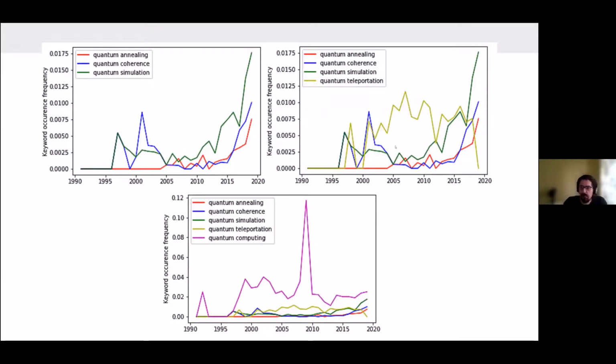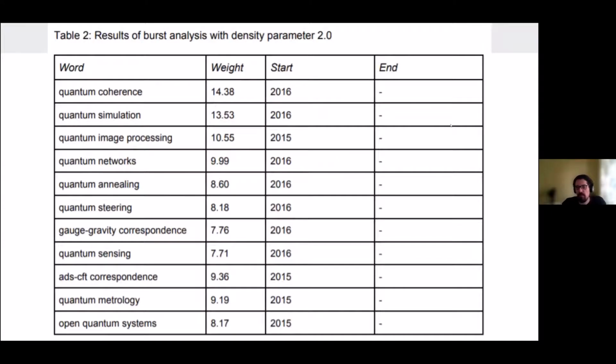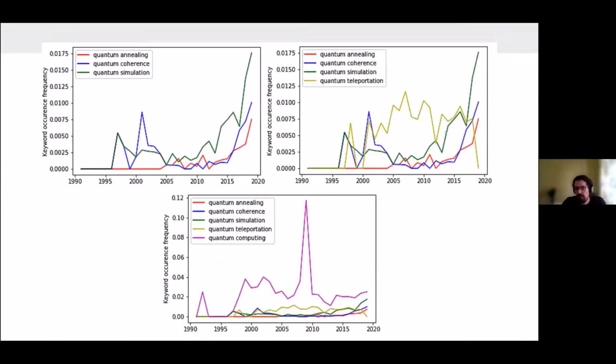So this is just pure frequency analysis. Here you can see that, for example, quantum teleportation is not bursting, right? It is going steady. But these others are bursting. So you don't see quantum teleportation here, but you see the other ones like quantum coherence, quantum simulation, quantum annealing. And if you look at quantum computing, you see a huge burst here.